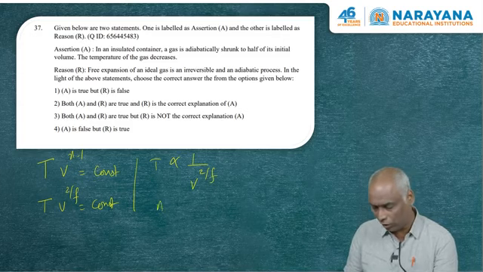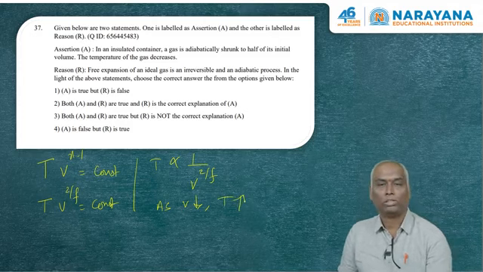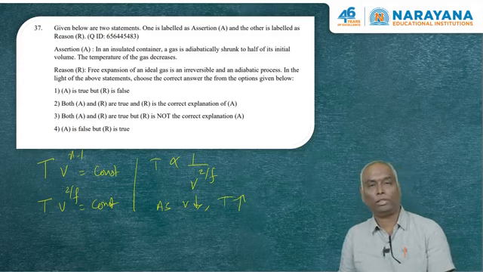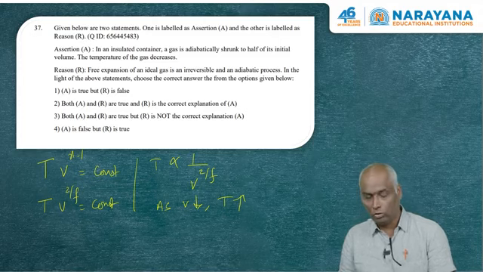Now as volume decreases, temperature increases. But in statement A, they have given that in an insulated container, a gas is adiabatically shrunk to half its initial volume, the temperature of the gas decreases. But here, as the volume decreases, temperature should increase. So statement A should be wrong.